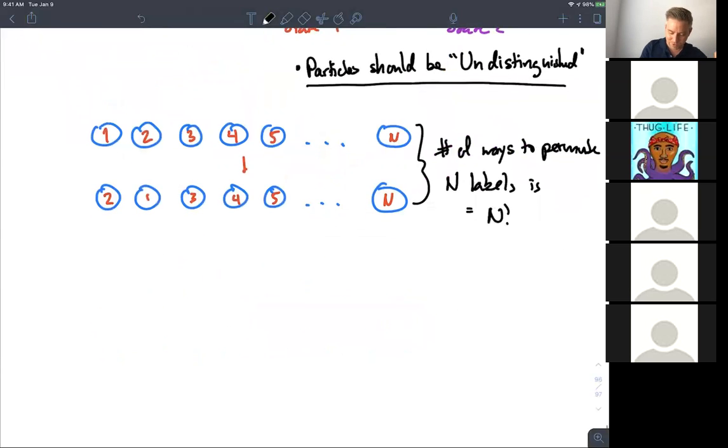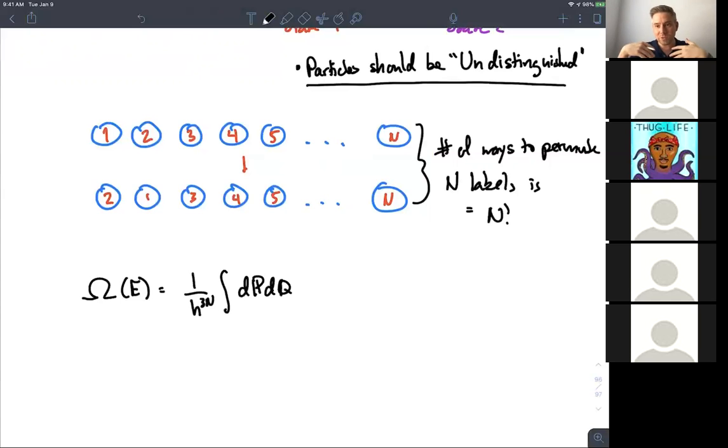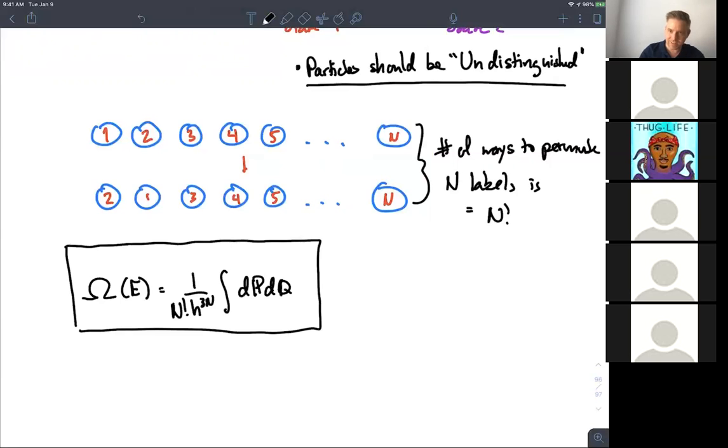So what we want to do is take our density of states, which now we have as this, and divide by n factorial in order to eliminate this overcounting of essentially identical but undistinguished states. Okay, so we're going to divide by n factorial. Okie dokie. So this is, in the future, how we are going to calculate the density of states. Does that make sense to everybody?